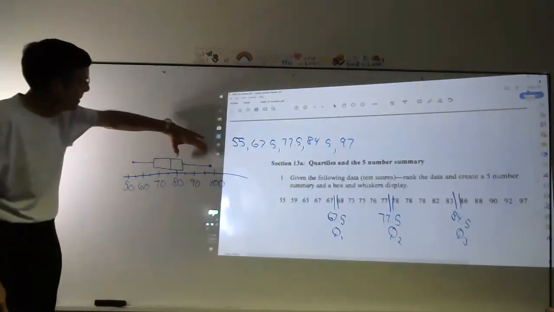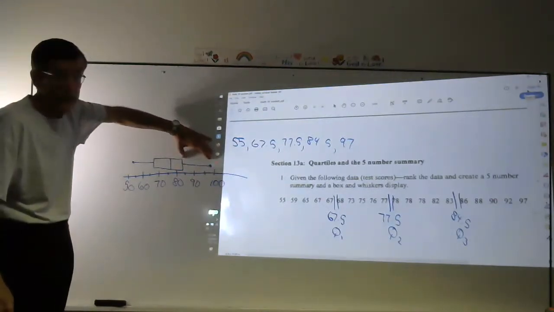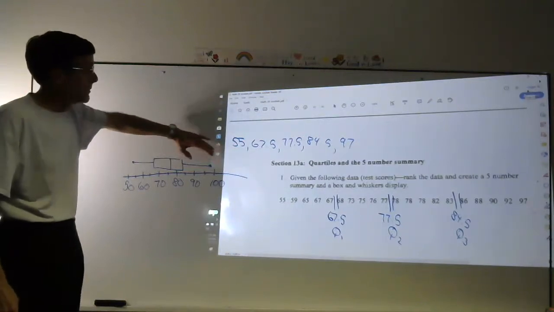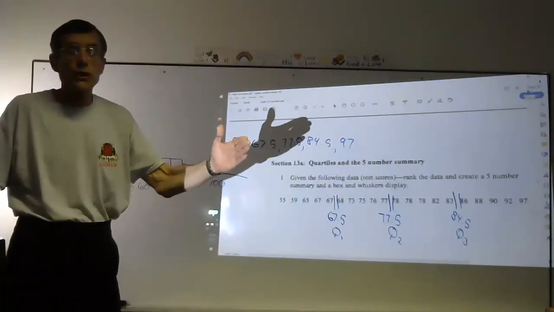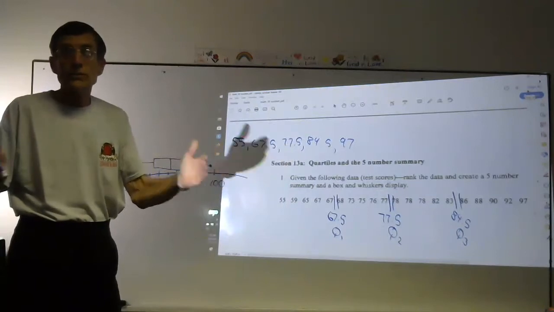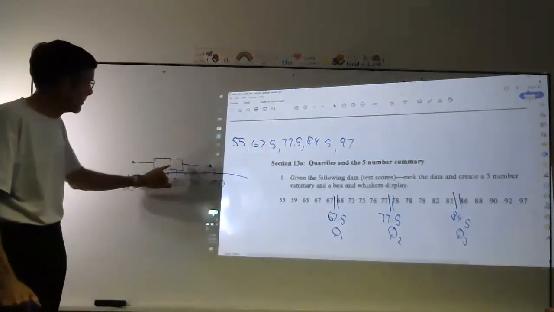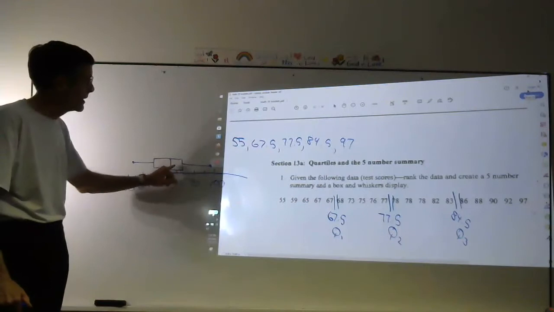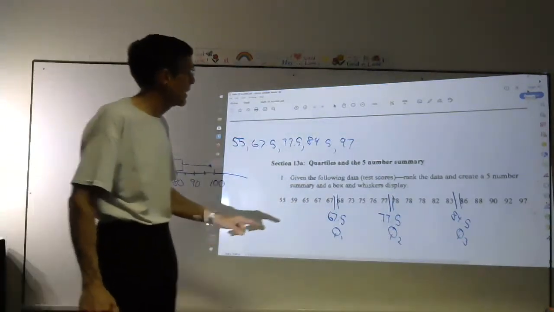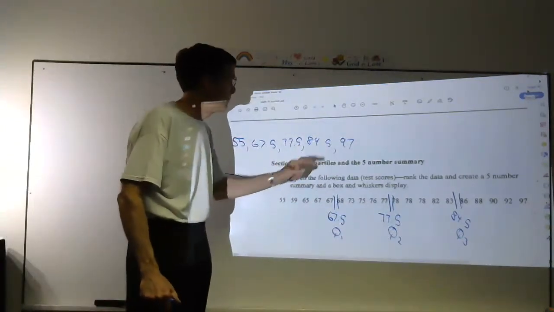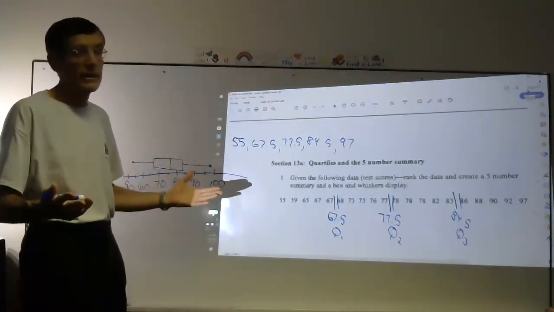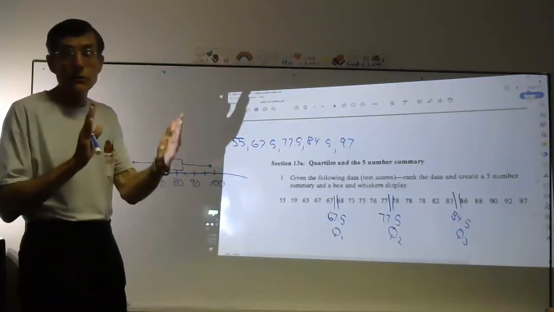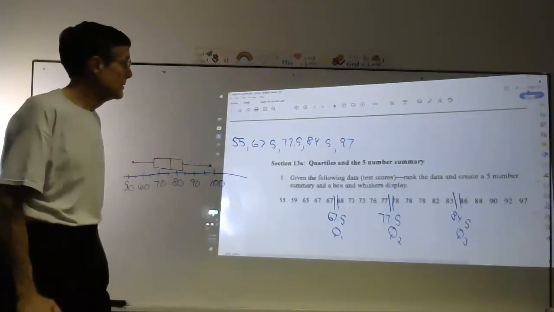Now, a couple of things you can see from this. You can see that there's the most spread in the final quarter or quartile because it's going the whole way from 84.5 up to 97. So there's more variation in the final quarter. Probably the quarter with the least amount of variation is the 3rd quartile, which is from 77.5 to 84.5, a spread of exactly 7.